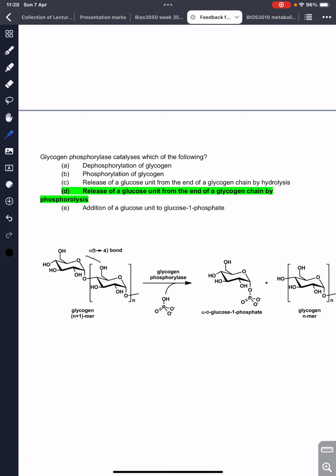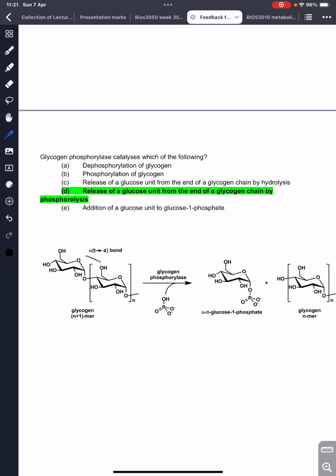In this question, we are asking about the function of the enzyme glycogen phosphorylase, and what happens with glycogen phosphorylase is that it uses a phosphate residue to break the alpha-1,4 bond between 2 glucose molecules in glycogen, and it transfers the phosphate group to the 1 position of this glucose molecule.